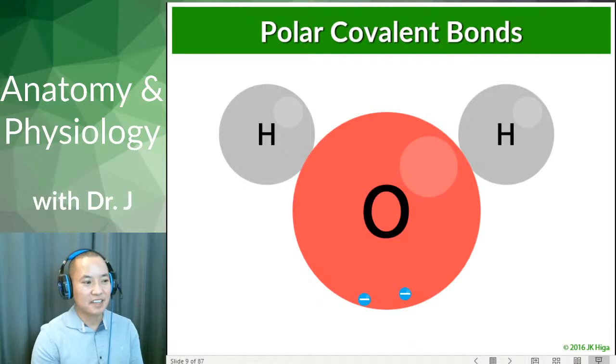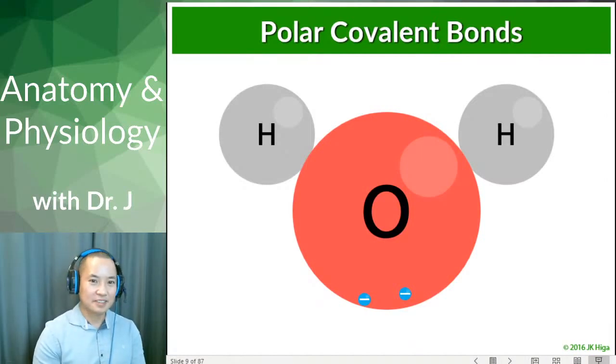So it's kind of like, say everyone's social distancing in the dorms, and you have a roommate or a sibling and you have a toy, and your sibling or you like to hold on to that toy a little longer. Same with the oxygen. The oxygen is a little greedy. It likes to hold on to those electrons a little longer.